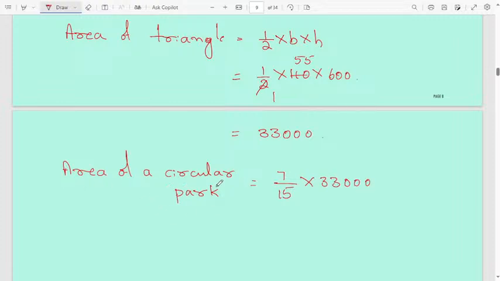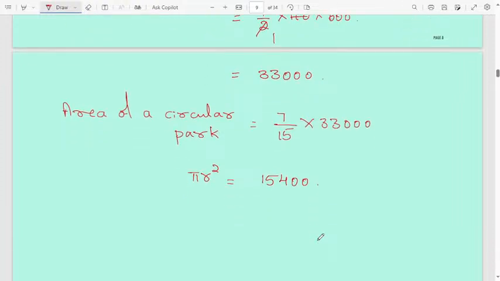How can you find the area of the circular park? The circular park area is pi r square. Then simplify these two, and you will get the value 15400.